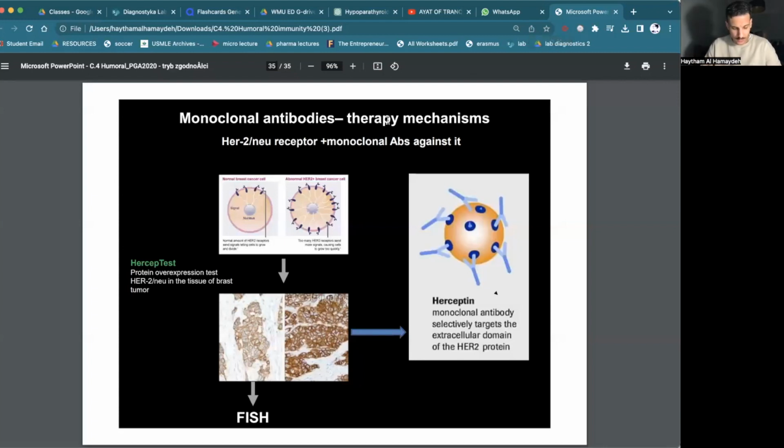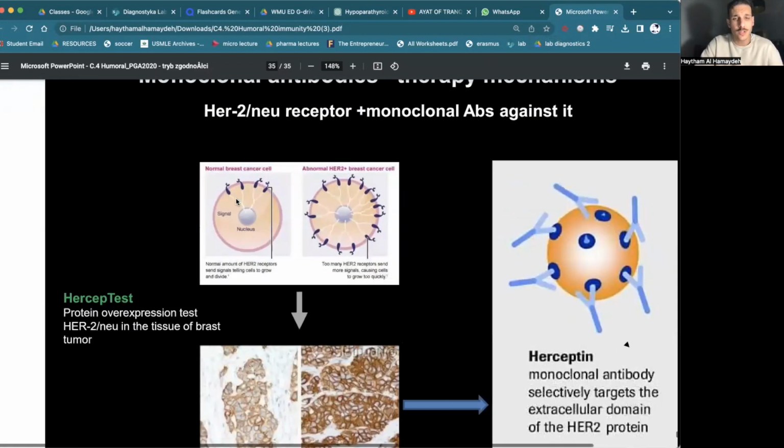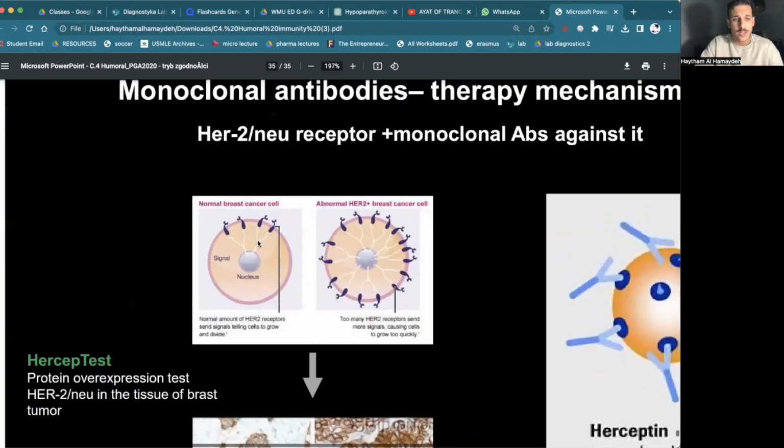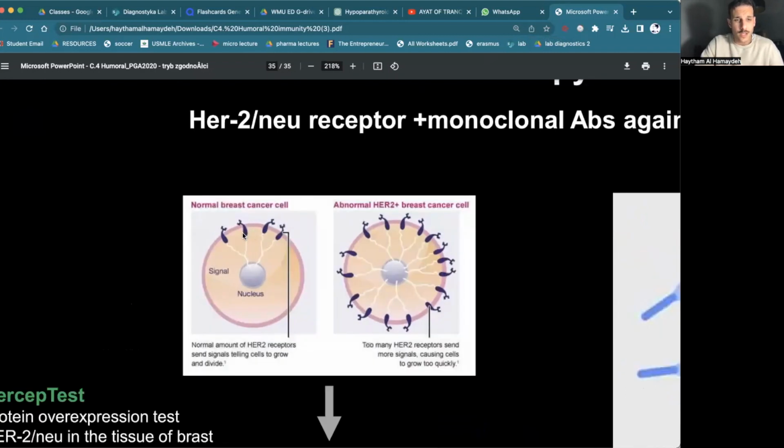Okay, so this last slide, I had to just do some research on it. In normal cells, the protein HER2 is found here.